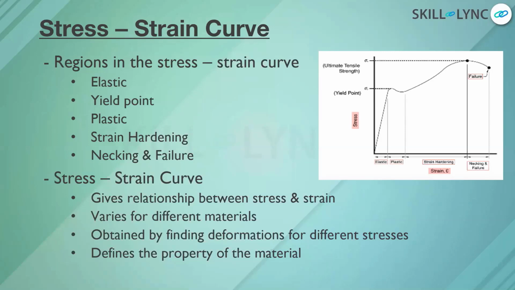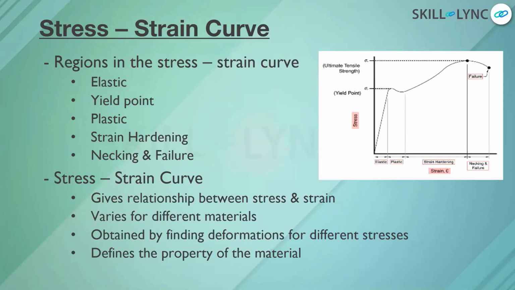Then the process of strain hardening starts, which happens normally after the plastic region. This is the rising curve in strain hardening. The rising curve flattens for further increase in load until it reaches an ultimate stress, the ultimate tensile strength.